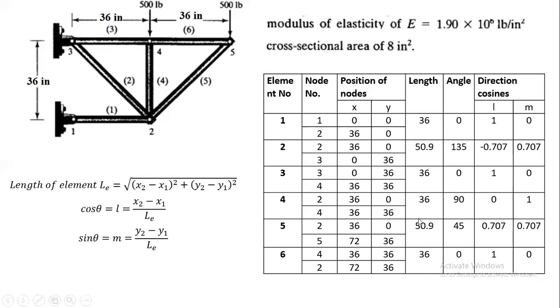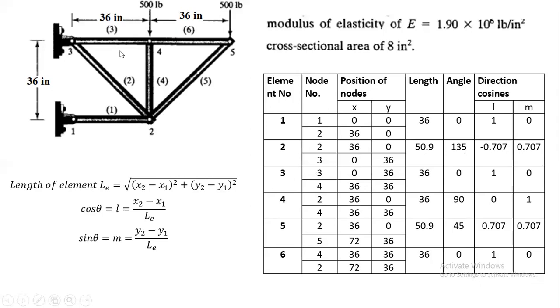Now the angle made by each element with the horizontal. The first element is horizontal, therefore the angle made by it is 0. The second element is inclined in this direction. We are considering the angle in the anti-clockwise direction, so it is 90 plus this angle. To calculate this angle, you calculate tan theta.